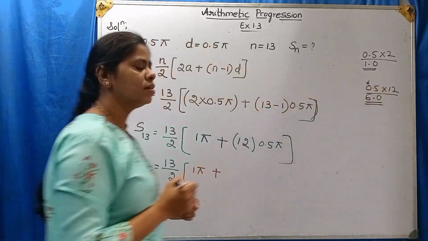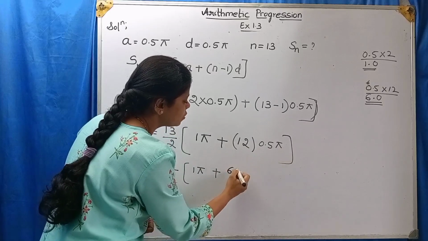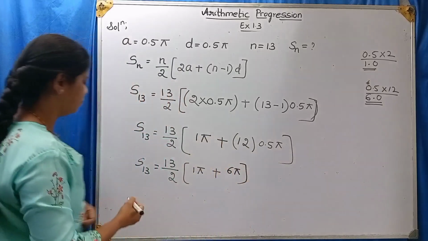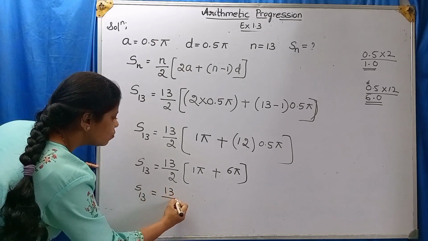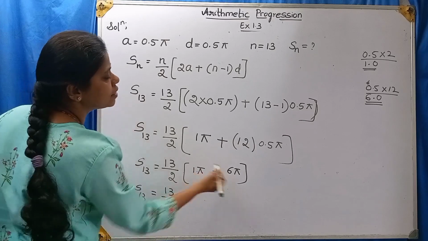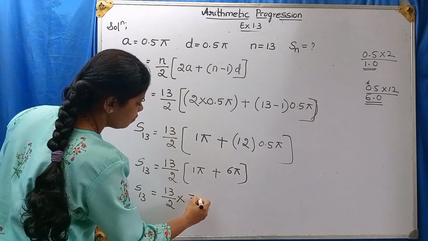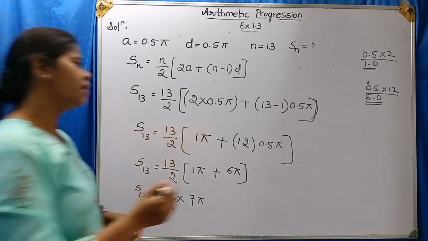It's nothing but 6. 6 into pi is 6 pi. Okay. So S13 is equal to 13 by 2 into 1 pi plus 6 pi, which is what? 7 pi. Okay. Let me continue on that side.